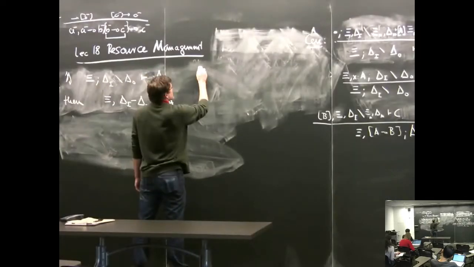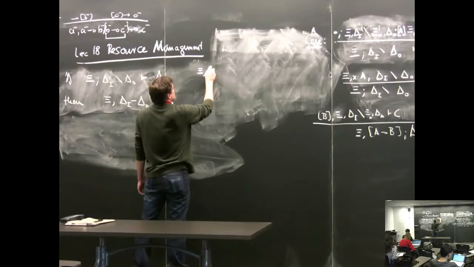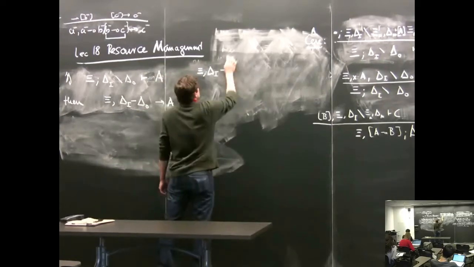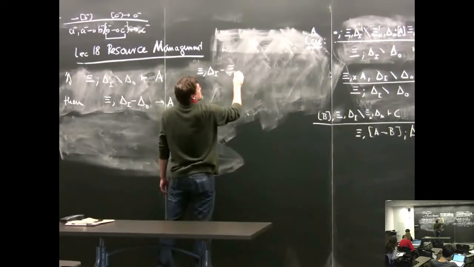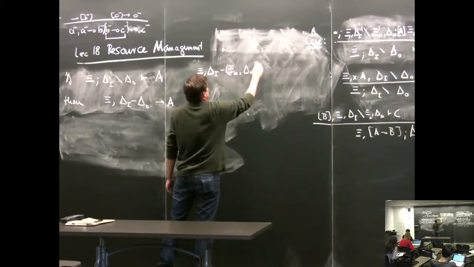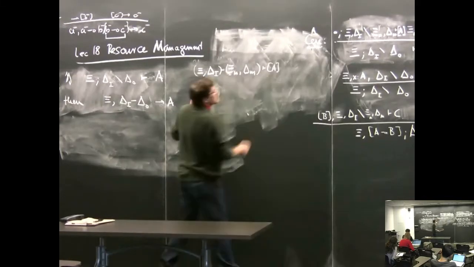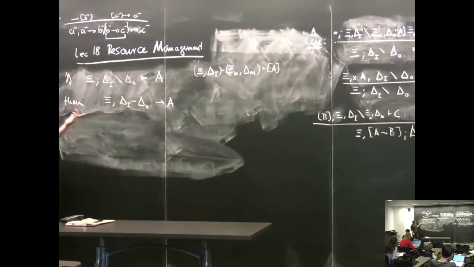We get psi, delta I minus sigma psi m comma delta m proves A, right? We throw them together with the comma and we just subtract out the thing that's left.